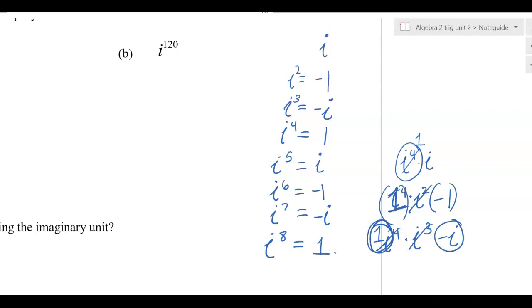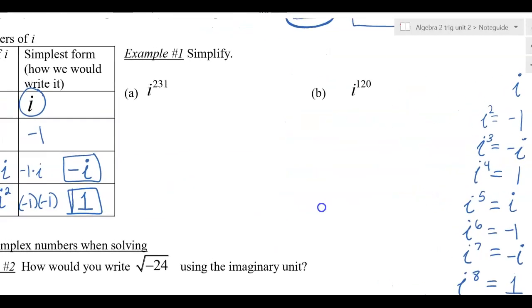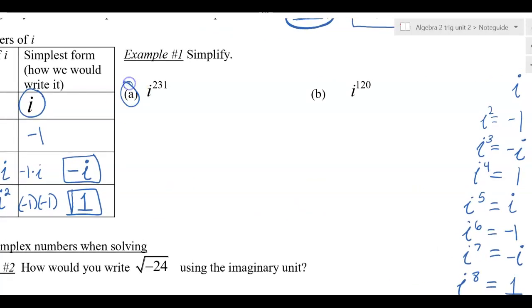Notice the answers that these are simplifying down to. Can anybody make a conjecture about any power that I put on i? Like without doing this problem right here, but in part A, it says i to the power of 231. Could you at least narrow it down to 4 choices that the answer might be if you evaluated i to the power of 231? What would your options be?